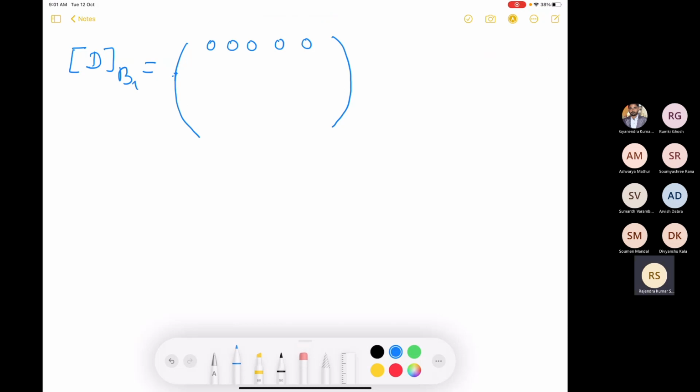And the next row is 1, 0, 0, 0, 0. And then you have 0, 2, 0, 0, 0, then 0, 0, 3, 0, 0, and 0, 0, 0, 4, 0.